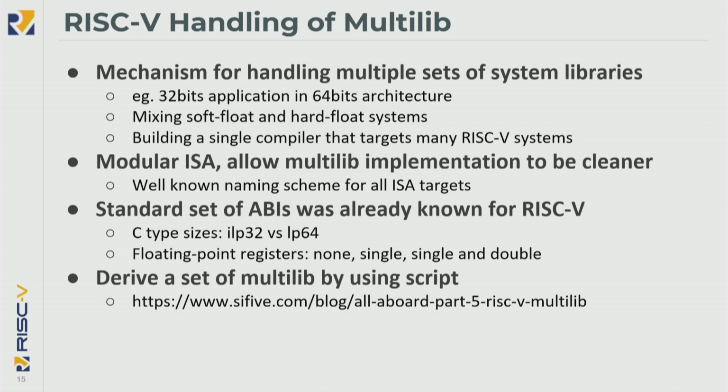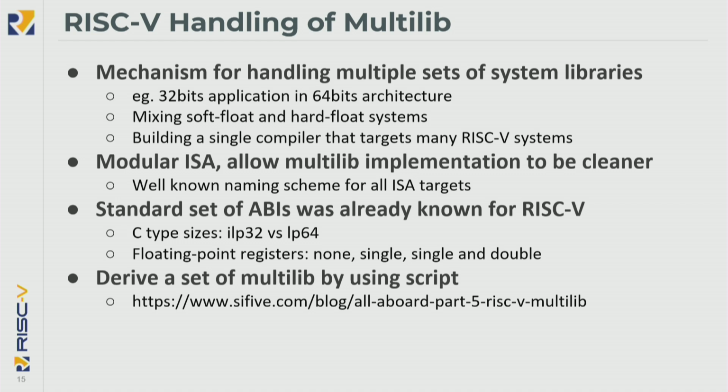Now, how does multi-lib work in RISC-V? Well, let's start with what multi-lib is. It's a means to handle multiple sets of system libraries, like in the case where you have a 32-bit application on a 64-bit architecture.